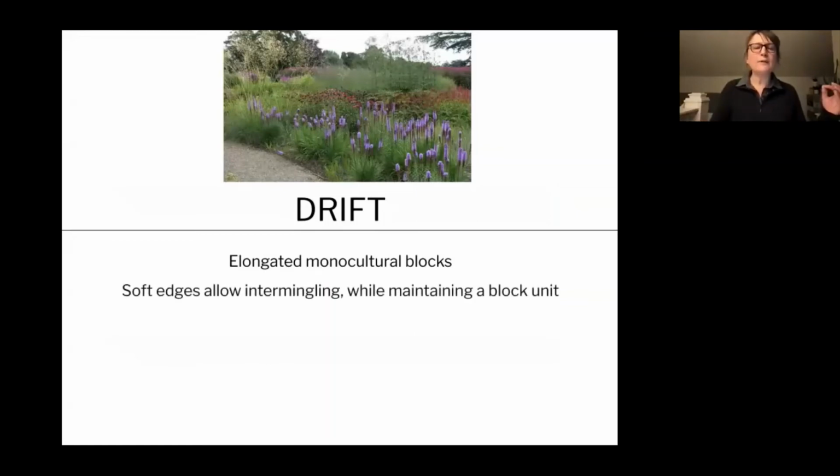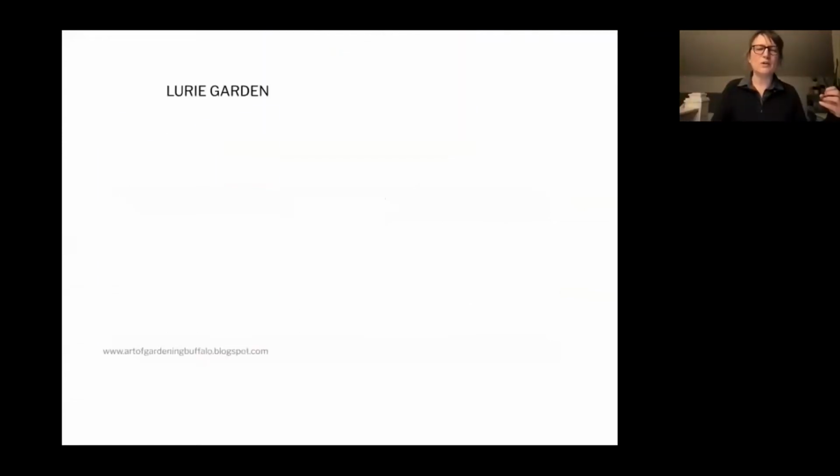In a mixed border, I feel like we maintain that a little bit more, like we try to keep things in a certain area. With drift planting, the idea is to start letting those edges intermingle with each other, and hopefully there's more blending that's happening as it matures. But you still see these drifts of the same plant, which is kind of cool.